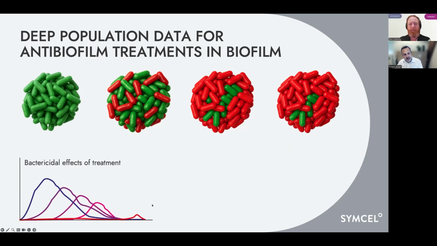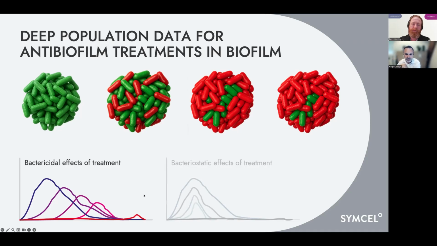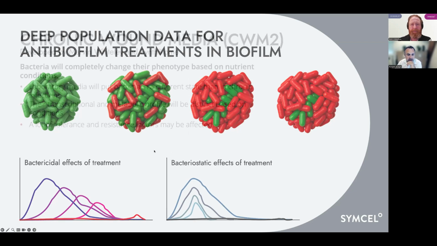And based on this metabolic output over time, we are able to see, are we actually killing the biofilm? Are we killing the cells in it? Can we detect these small subpopulations that are just surviving? But we can also see if there's more of a bacteriostatic effect. Are we actually limiting the growth of the cells as they are being treated?